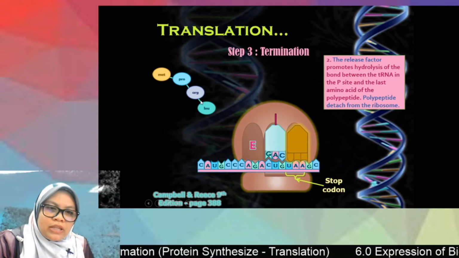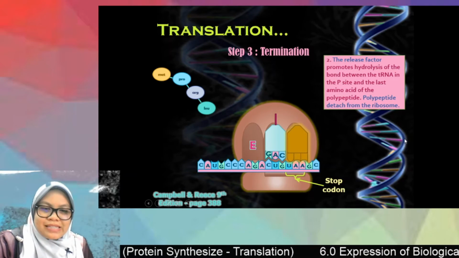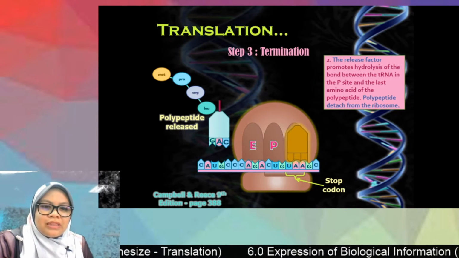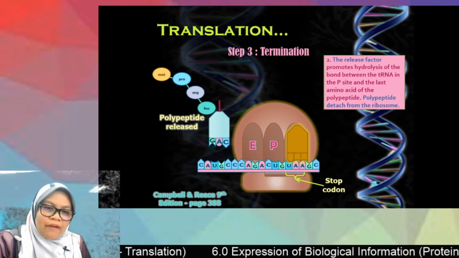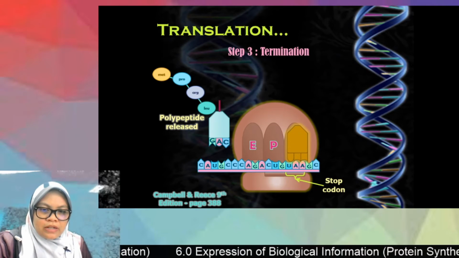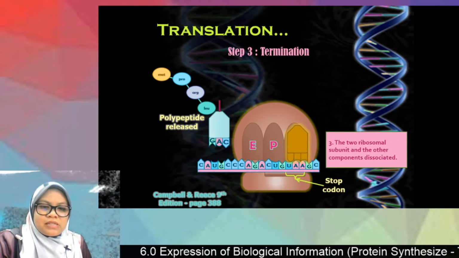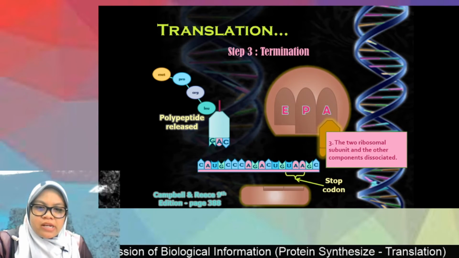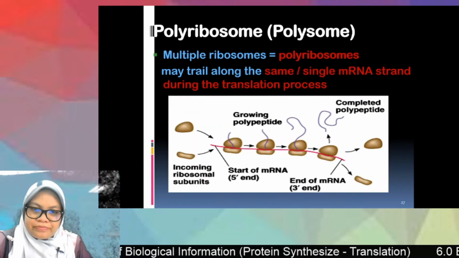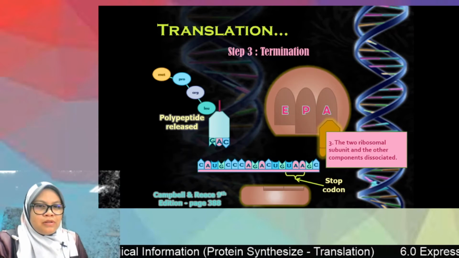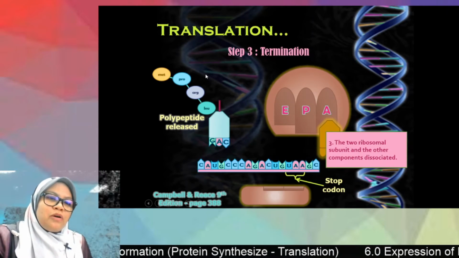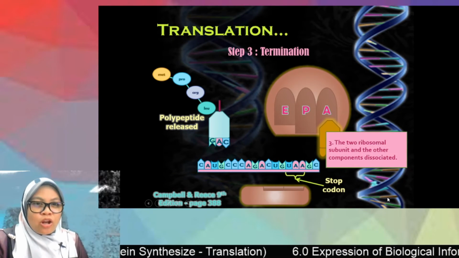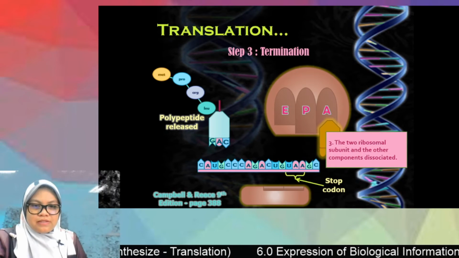So now the polypeptide chain is released. The polypeptide detaches from the ribosome. The tRNA also leaves the ribosomal subunit. Then the ribosomal subunit will detach from the mRNA strand. So now we already have the polypeptide. That is the end of the translation process.